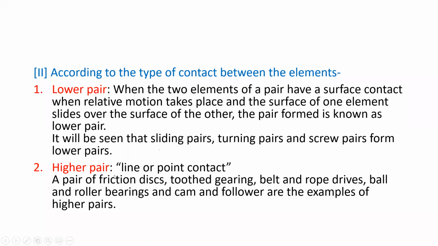Such a contact we call line or point contact. What is the example of this? A pair of friction discs. You know that they are used to transmit the motion from one shaft to another shaft.